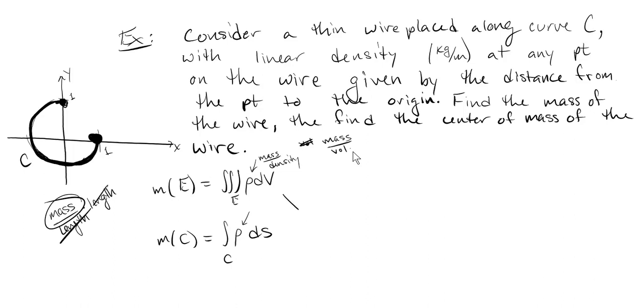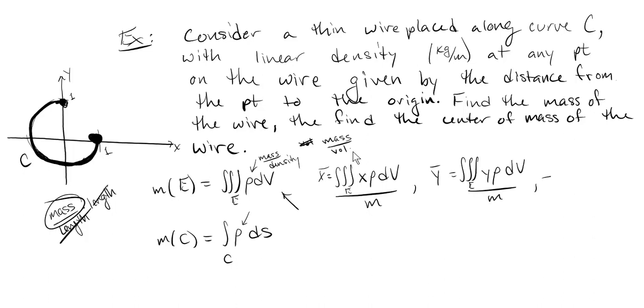And also, we saw formulas for the center of mass of a solid object. We saw that the x-coordinate of the center of mass is x times that density integrated over the region, divided by the mass. Same for the y value and the z value. We saw these formulas, but we didn't work out any examples with them. Well, we do the same sort of thing here.